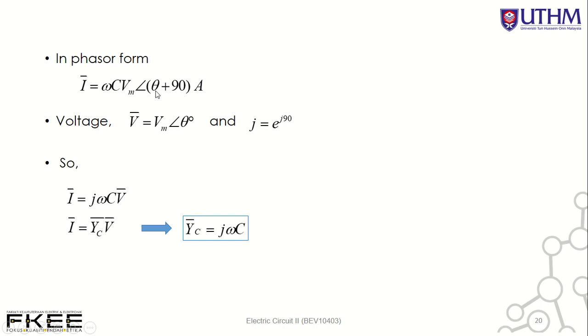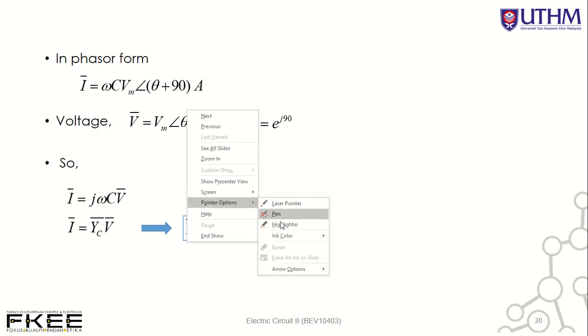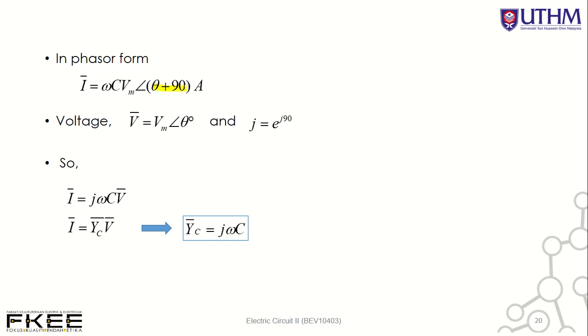Because I equals omega C Vm angle theta plus 90, and since V equals Vm angle theta, we have another term, angle 90 degrees, which is equal to j.